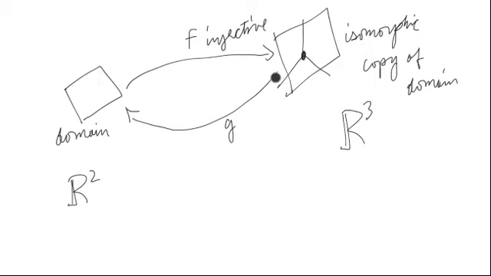So what's a left inverse here as we're going back? That's simply a linear transformation that goes back from the codomain to the domain, such that when you only look at its action on that isomorphic copy of the domain that F sends us to, it's going to be an isomorphism between the domain and the range.